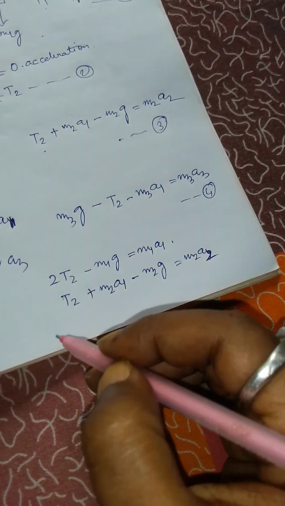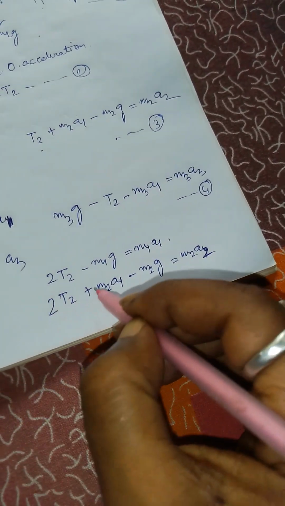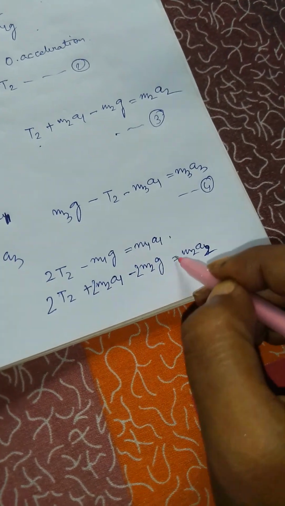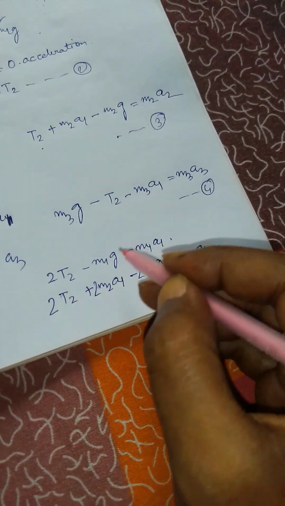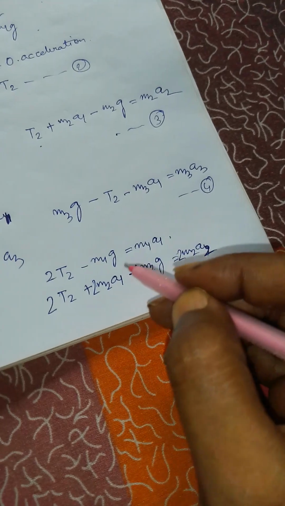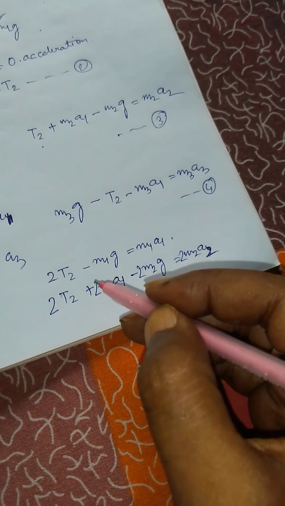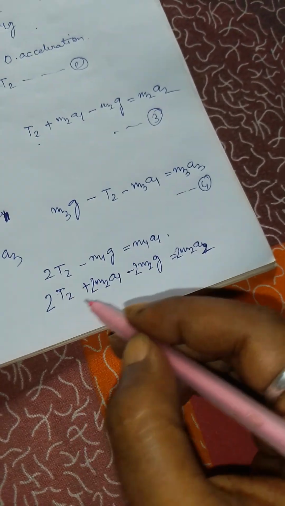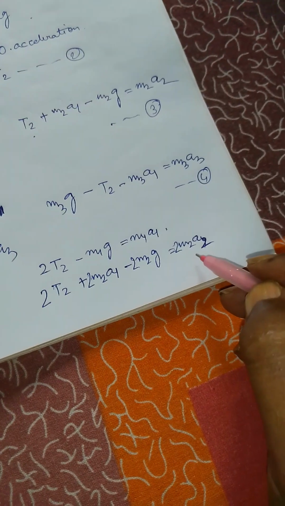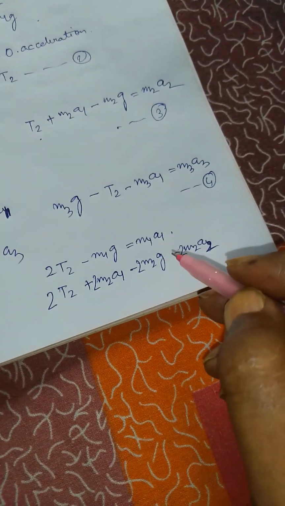So now we can eliminate T2 by multiplying by 2. Okay, so if we subtract, then we will get this. Okay, so this is a2 and this should also be a2, I'm sorry.